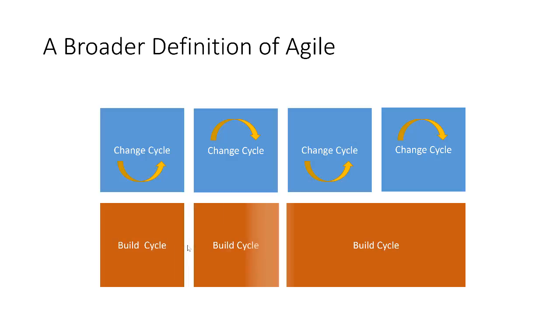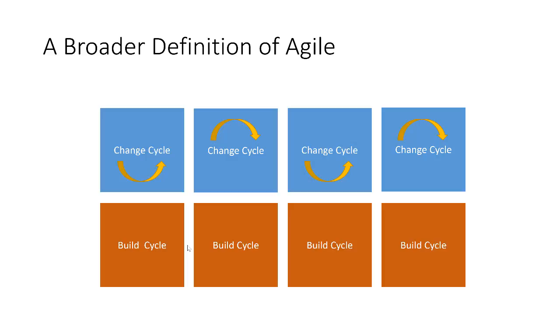Now, if I were to shorten up my build cycles, now I am agile. And here's the trick. If I shorten up my build cycles and can deliver working, innovative products, every one of these build cycles, that's equal to or less than the change cycle that's happening in my industry, and I prefer it to be shorter than the change cycle because then you get an edge on the market.